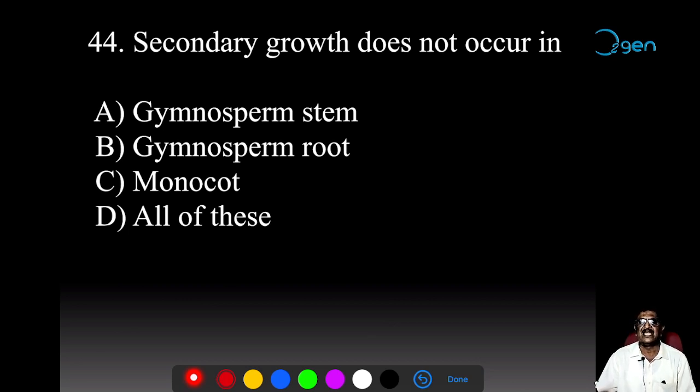So option A, gymnosperm stem, wrong. Option B, gymnosperm root, wrong. And C, monocot, D, all of these. In all of the above A, B, C, no secondary growth occurs. Hence, secondary growth is found only in the dicot stem and root. Option 4 is correct. Thank you.